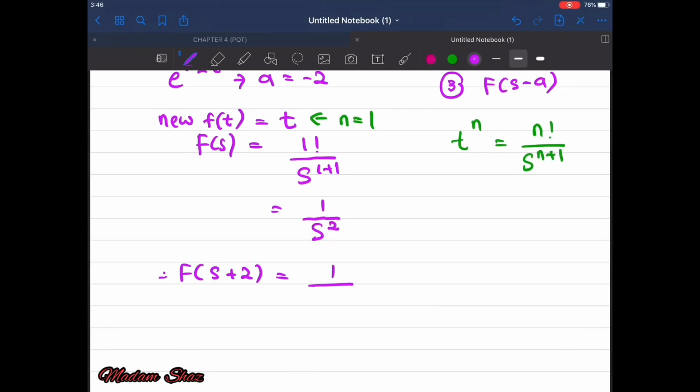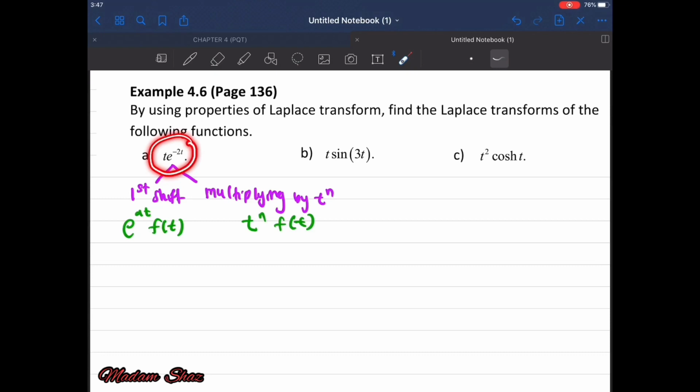So we get 1 over (s+2) to the power of 2. This is the answer, whereby we solved by using first shift. We have solved this question by using the first shift property, and we get the answer 1 over (s+2)^2.